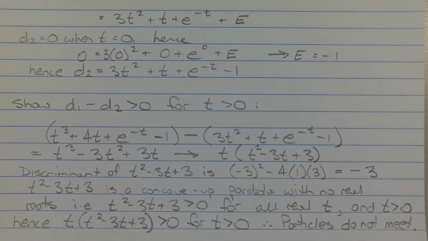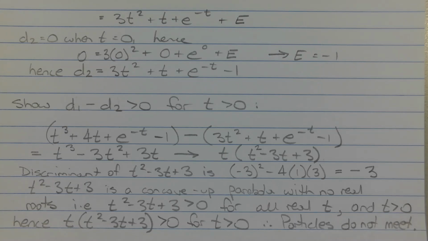Now we know that t is greater than 0. So this term here is positive. We just need to show that t squared minus 3t plus 3 is also positive for t greater than 0. And we can do that by considering the discriminant of the quadratic t squared minus 3t plus 3. And we calculate the discriminant using b squared minus 4ac and we get negative 3.